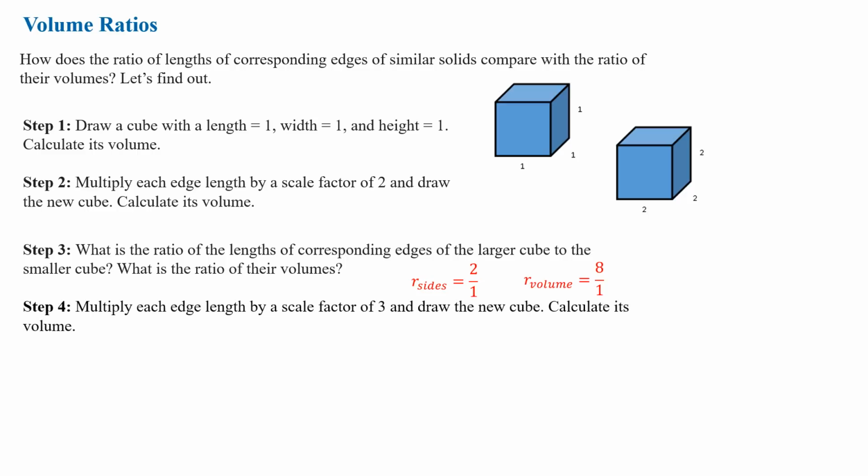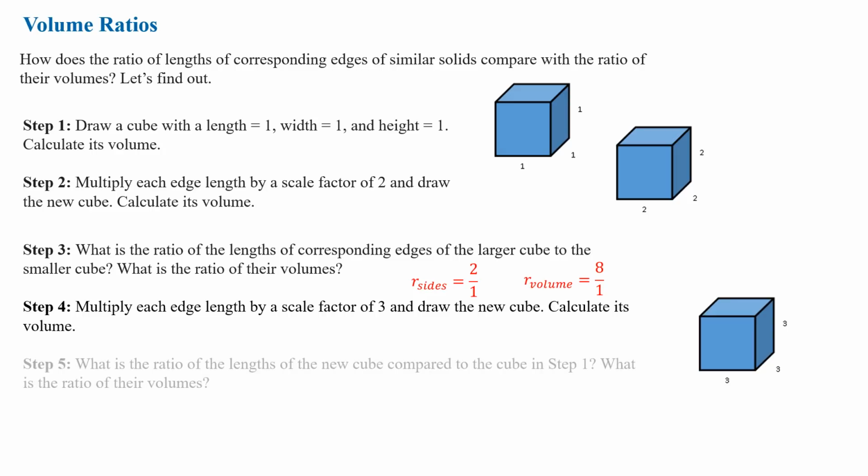Let's try it one more time. Let's take that original cube, multiply it by 3, and draw the new one. So you should have this cube, a 3 by 3 by 3. Now we have to find the volume. So base area is 9, height is 3, 9 times 3 is 27.